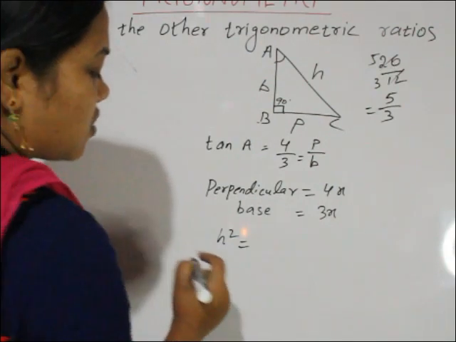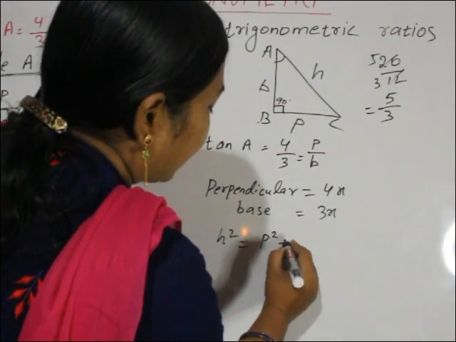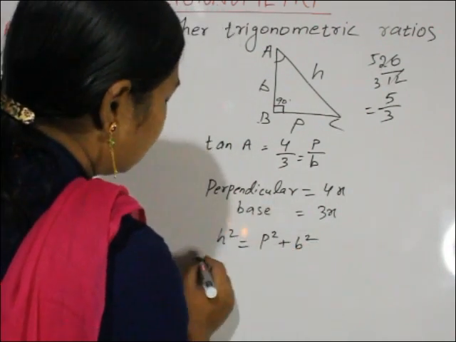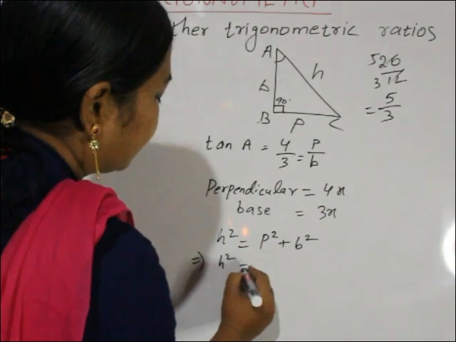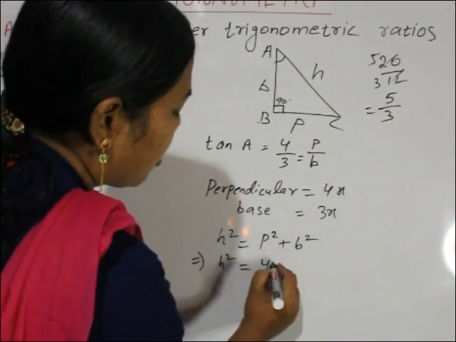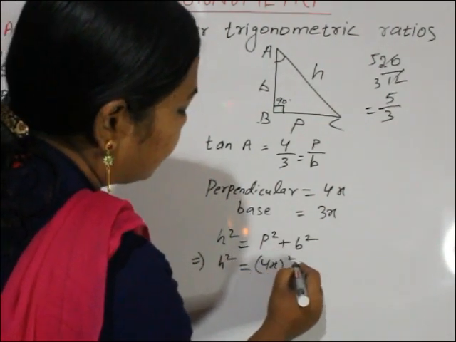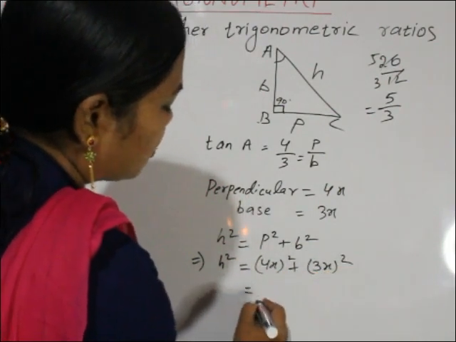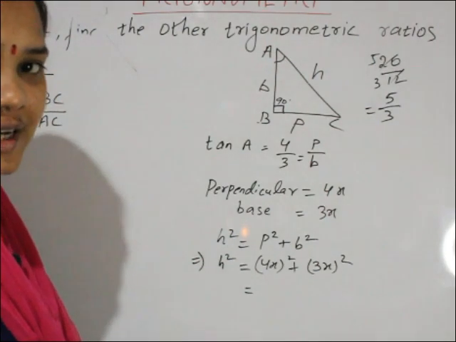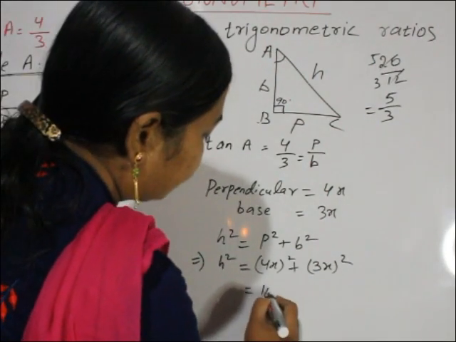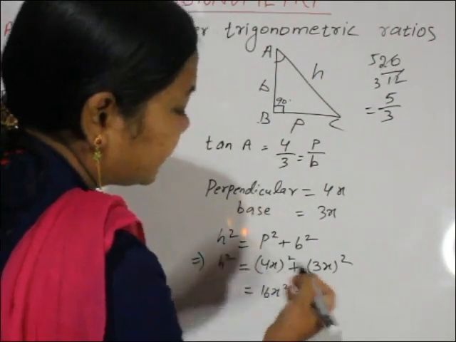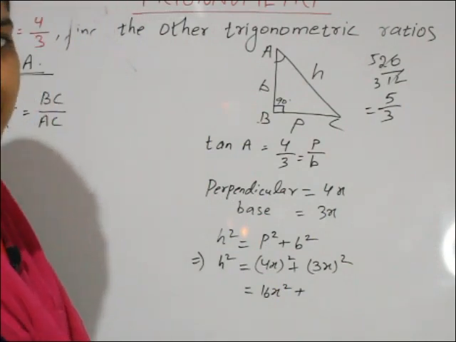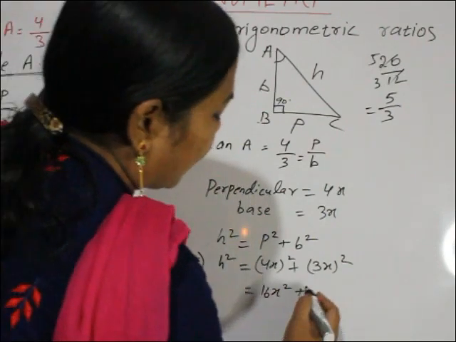Okay, h square is equal to p square plus b square. So h square is equal to p square, meaning 4x whole square, plus b square, meaning 3x whole square. 4 square is 16, so 16x square, plus 3x into 3x, 9x square.